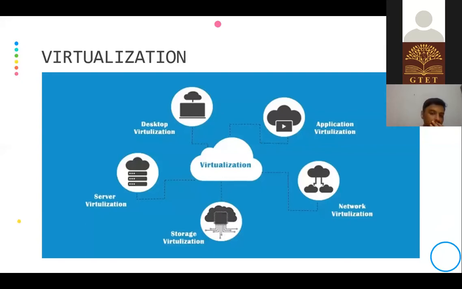This is something called network virtualization. You have similarly storage virtualization. I think storage virtualization is what we discussed with video streaming services, and server virtualization is the example that we saw in the previous slide, right?